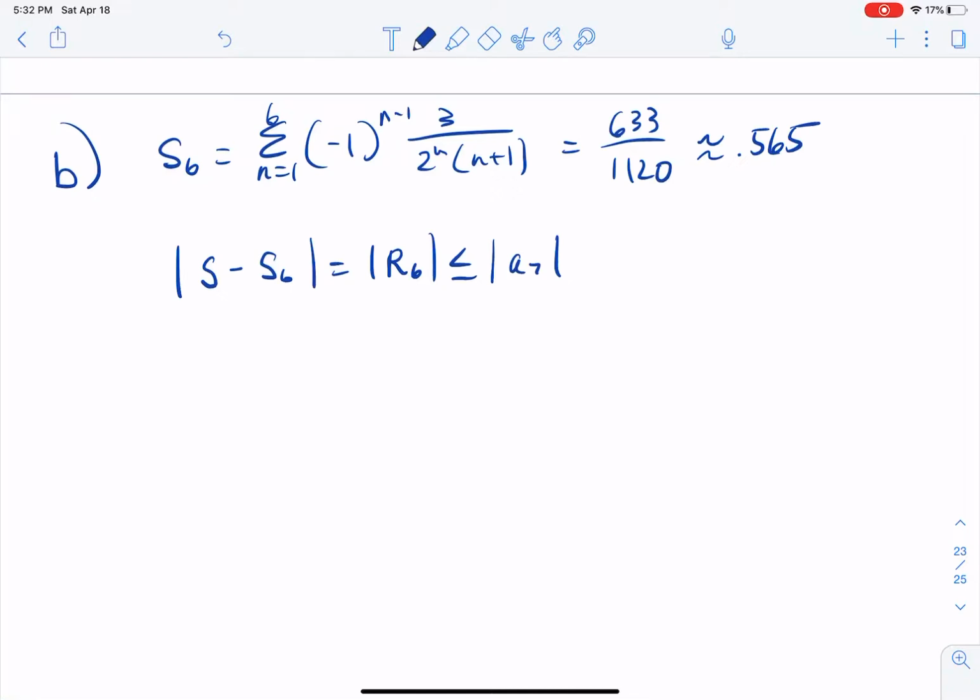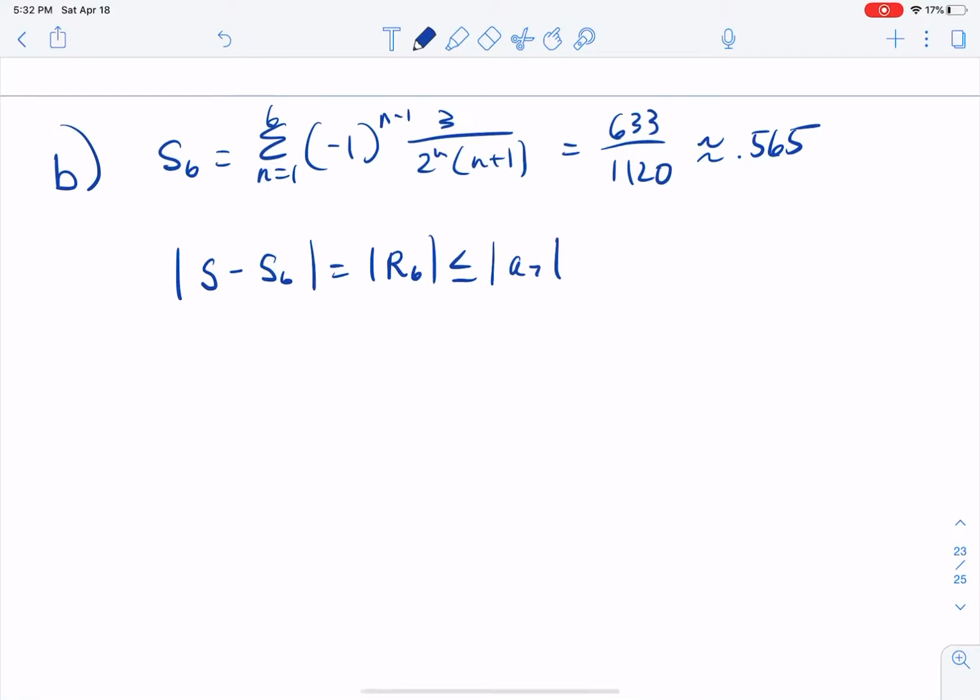And I can get rid of that absolute value if I just disregard the alternator that's there. So S minus S sub 6 is less than or equal to, I just have to physically put 7 in and evaluate it.